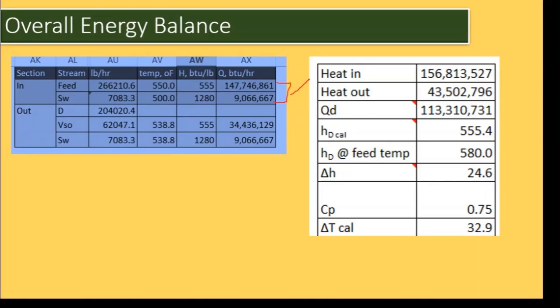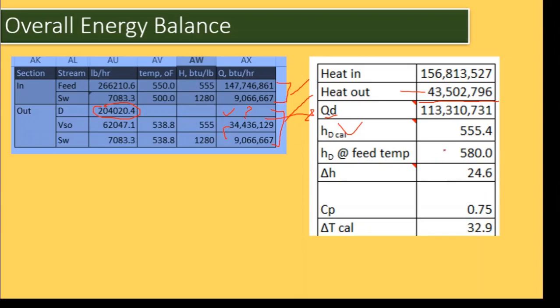Adding these two values gives the heat in, adding these three values gives the heat out, but one value is left here. We have to find this value, that is the D value, simply by subtracting heat out from heat in, which gives the heat content related to the distillate D. Now after knowing this value, we can find the H value by dividing through the mass flow rate.